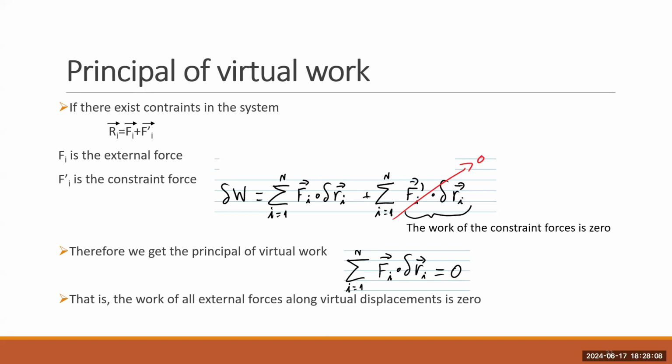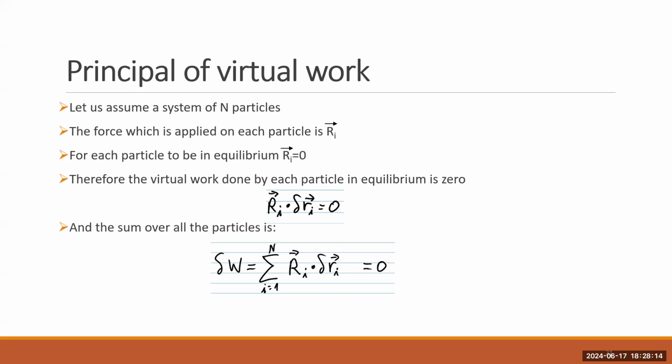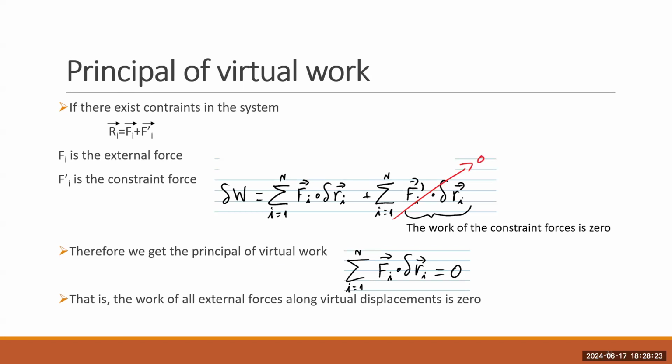So in addition to the external force that acts on the particles, there's also an internal constraint force that acts on a particle. Therefore, I can rewrite the total force on each particle as the external force that acts on the particle, in addition to the constraint force that holds the particle to, say, a manifold, to a certain constraint.